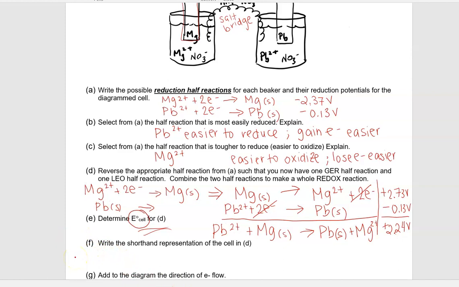Then it says write the shorthand. Well, the shorthand's kind of nice. I'm going to show you really quick how to do that. You're just focusing on the actual elements at play. So here the shorthand would be, I have magnesium, and it's going to, so one line, to magnesium 2+. So that way I can focus. Is that being oxidized or reduced?